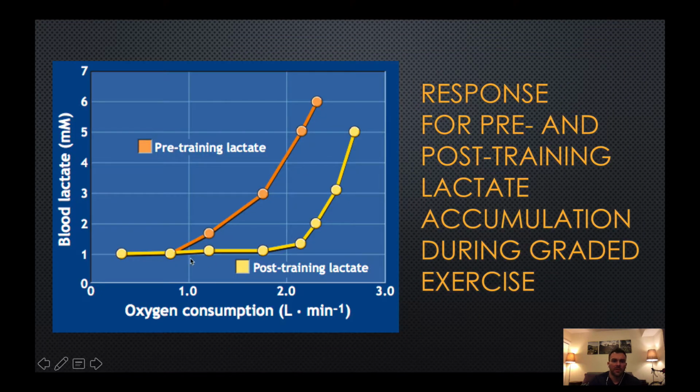On this slide right here, if you know pre-training that you have this onset of blood lactate at this point, and you know what percent of max heart rate that is for you, let's say max heart rate is 190 beats per minute, and at this vicinity you are at 110, you know this is your onset of blood lactate.